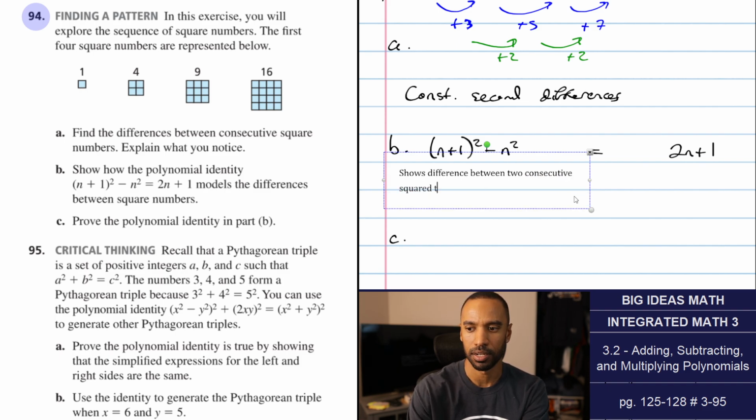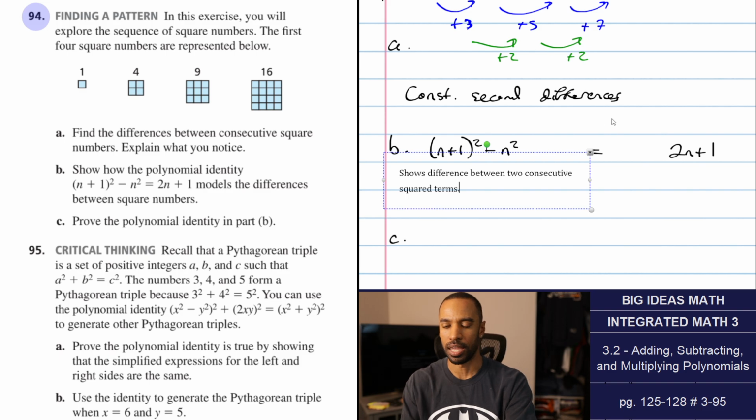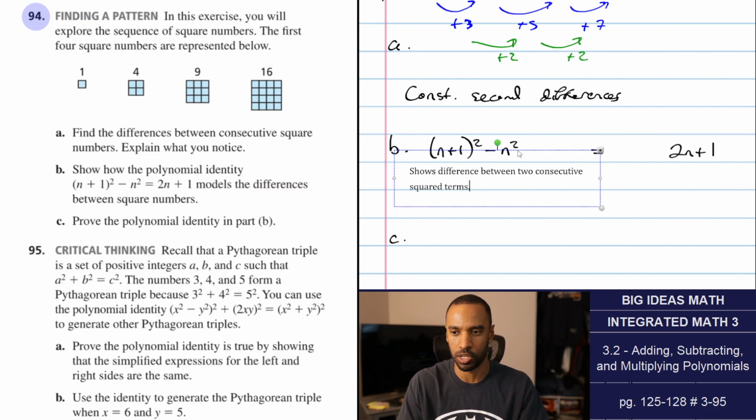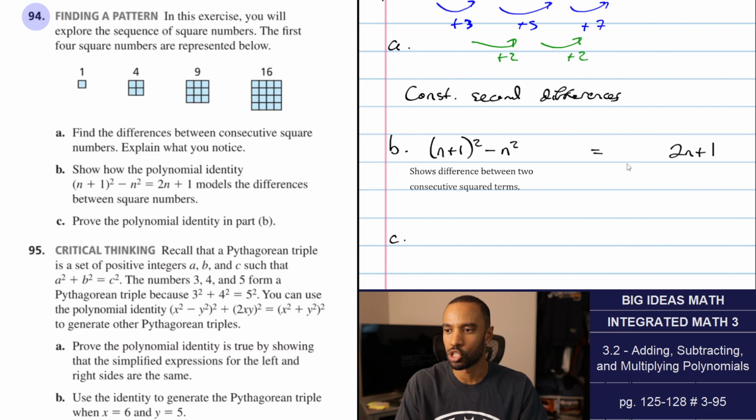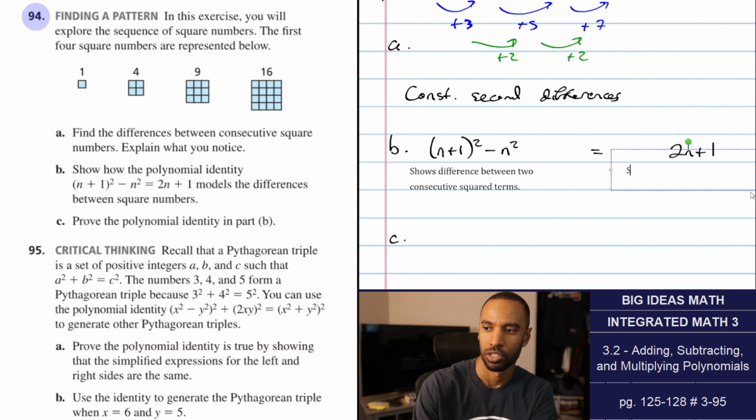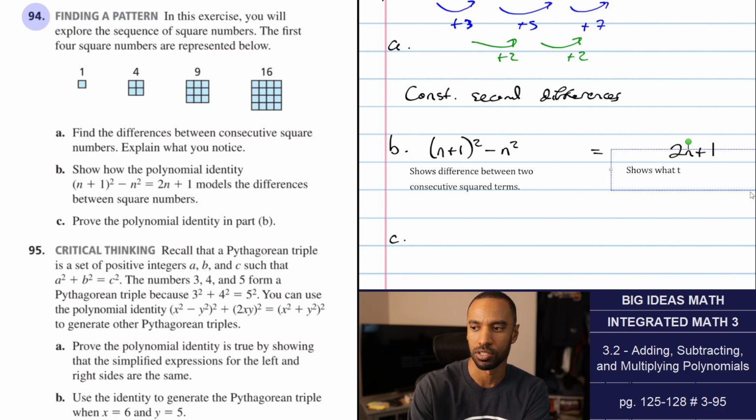If you think about it, if n was 3, then this is 4 squared minus 3 squared, right? Or if n was 10, it's 11 squared minus 10 squared. That one shows that difference. 2n plus 1 is showing what that difference actually is.